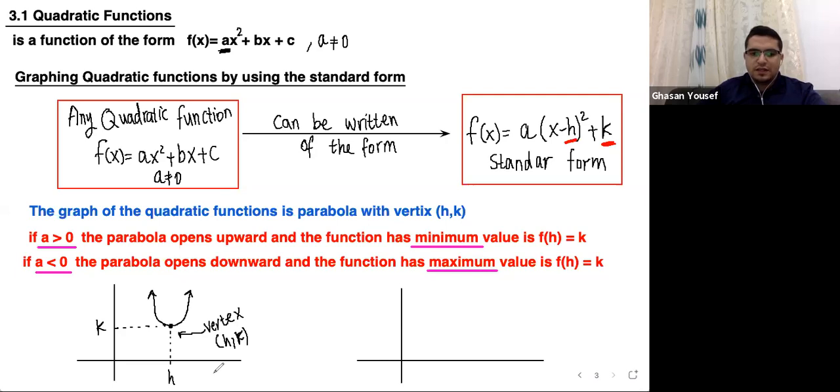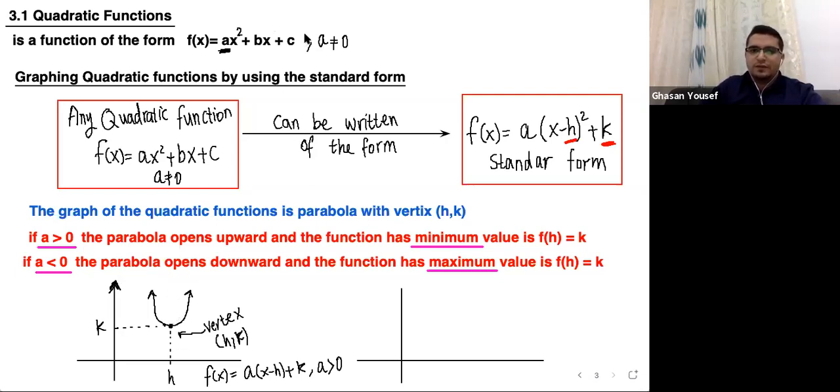The function here is f(x) = a(x - h)² + k, and the a here is positive. A is greater than 0. This means the parabola is opening upward. As we see in the graph, the function is opening upward.